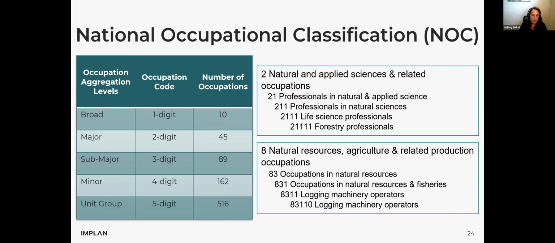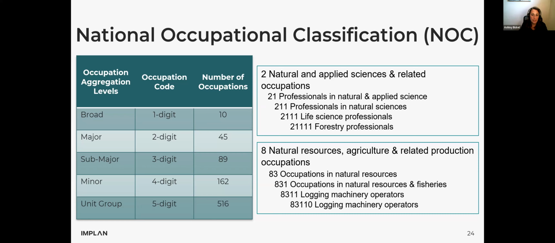The second digit corresponds to the type and or the amount of training, education, experience, and responsibility that is typically required to work in an occupation. A 1 in the second digit, as seen in the top box there, means that the occupation usually requires a university degree.